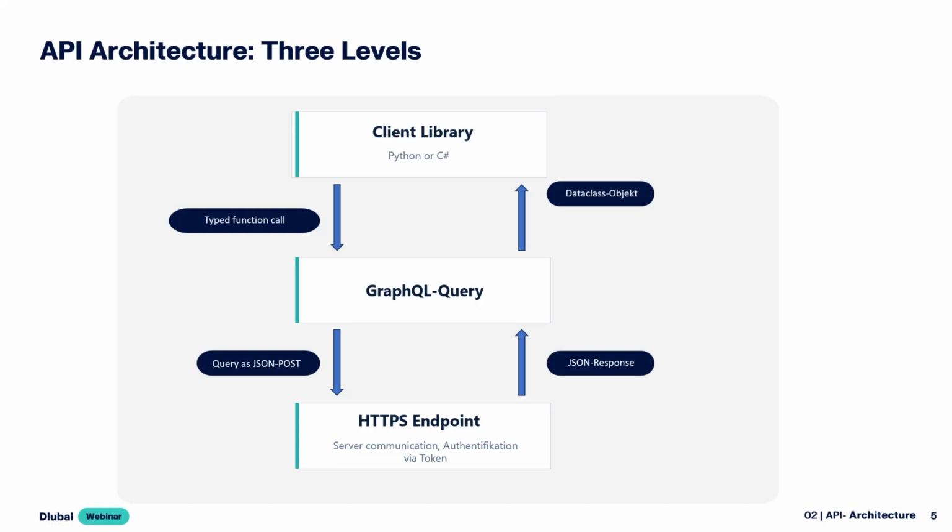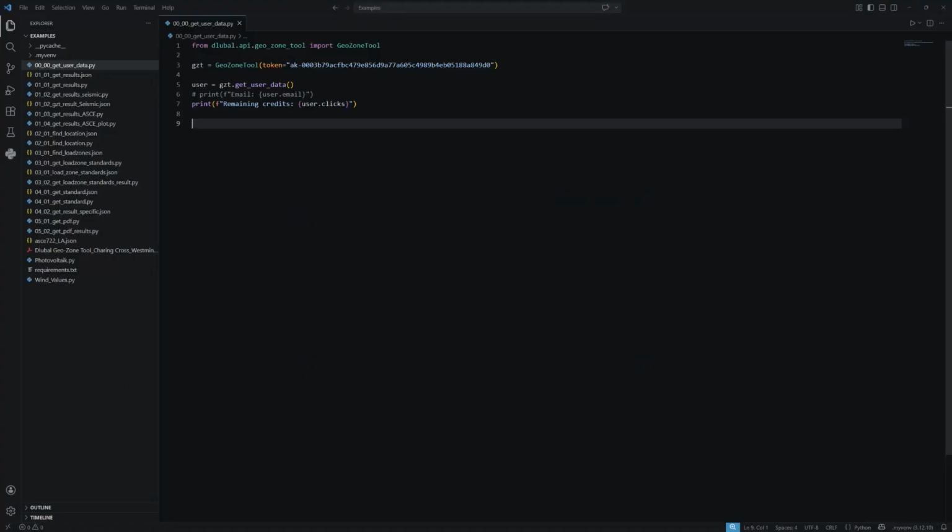So let's jump back to our development environment and look at our first request. We have our method get user data, which we save as variable user, and print in this variable the remaining clicks we have. As a result, we can look at our email clicks.